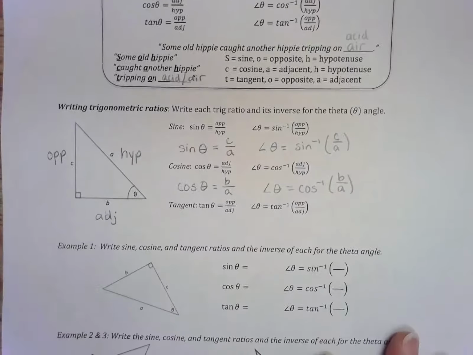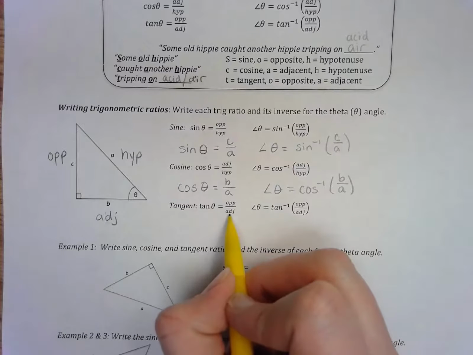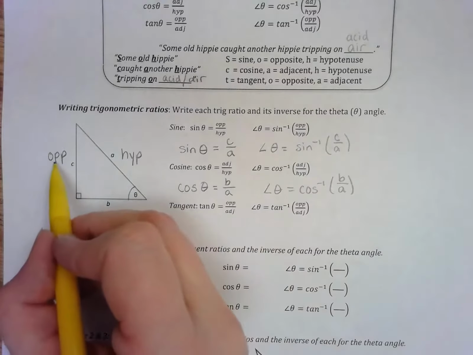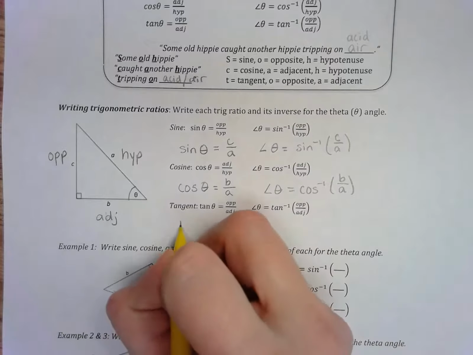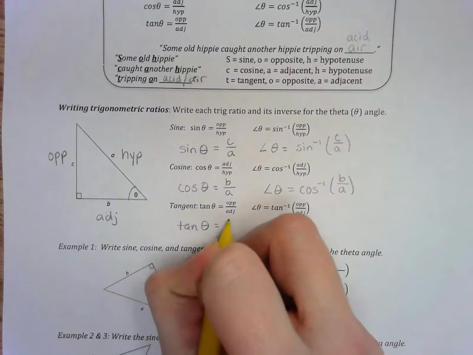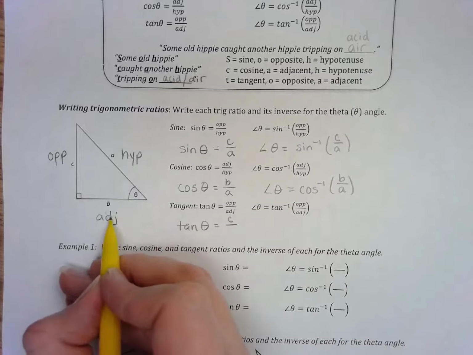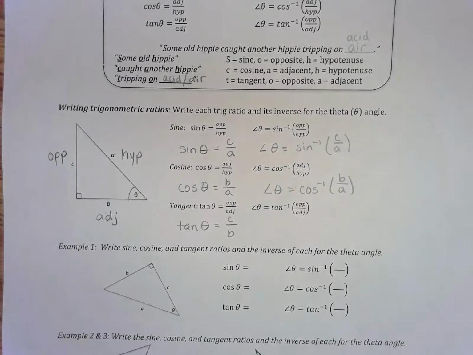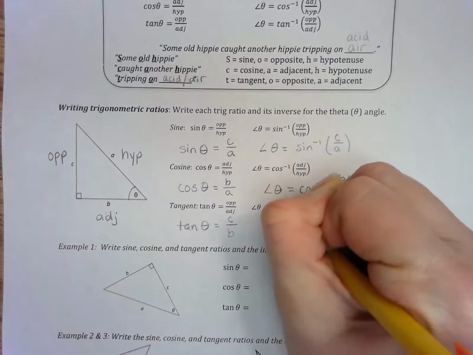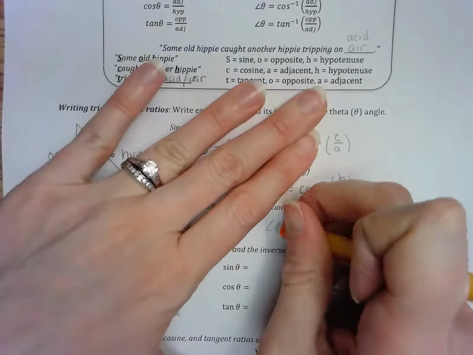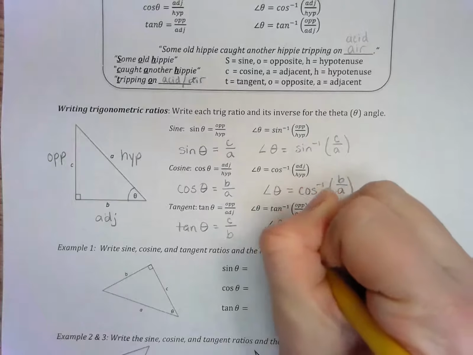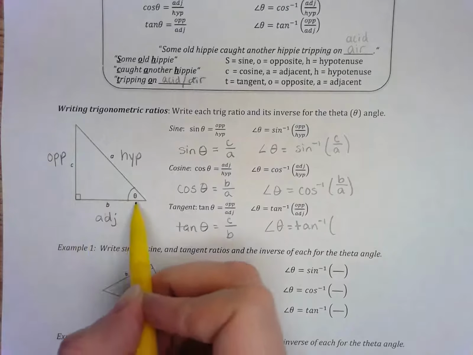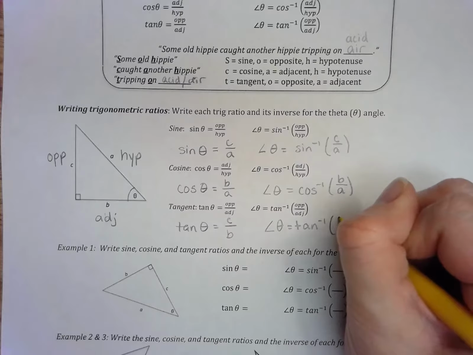And the tangent ratio. Tangent is opposite over adjacent. So again, from our theta angle, we have opposite labeled, that is C. So tangent of theta is C over our adjacent leg, which is B. And so to do inverse tangent, put your theta in there, angle theta is going to be inverse tangent of opposite, so that's C over adjacent, which is B again.